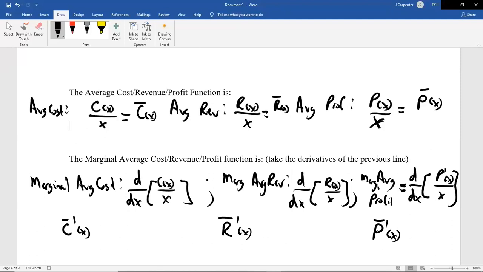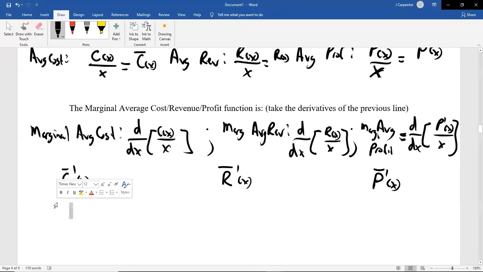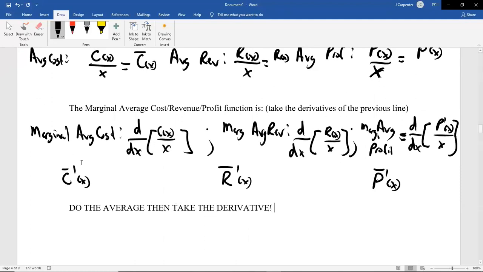So again, you have to do the average, then take the derivative. I'm going to highlight that. That's how we find our marginal averages.